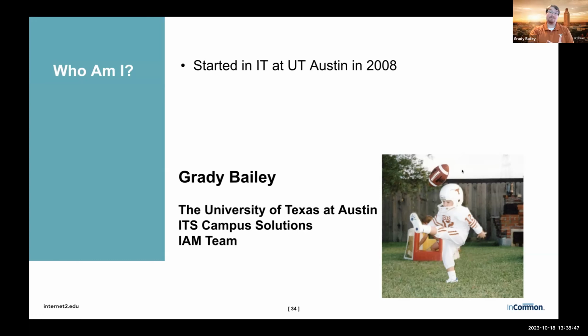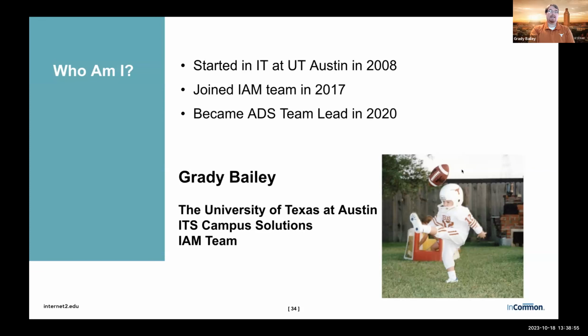I started my adventure in IT at UT Austin back in 2008. I joined the IAM team in 2017, and I started leading the authentication and directory services team under IAM in 2020. And then back in 2021, 2022, I was our liaison for the InCommon Collaboration Success Program.